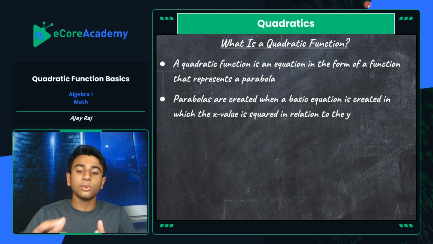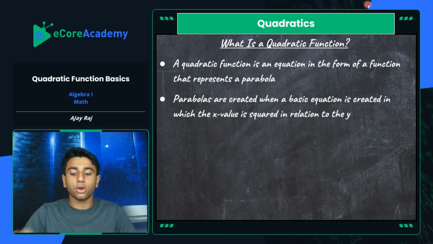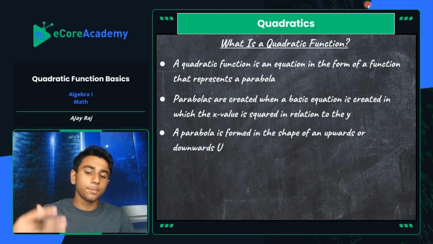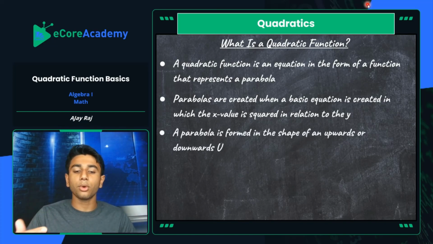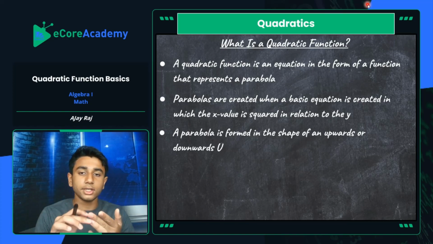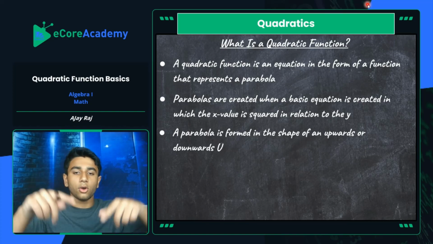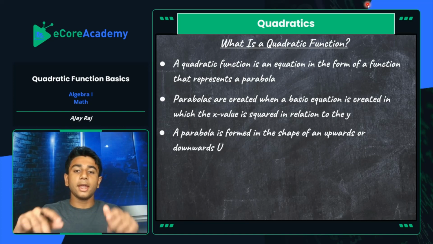You're saying that y is equivalent to some form of x squared. So you're squaring that x value now, which is going to give you a parabolic curve. A parabola is formed in the shape of an upwards or downwards U. It has a starting vertex, and it goes either upwards or downwards, and it goes infinitely along in one direction.